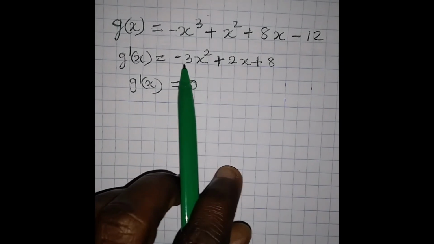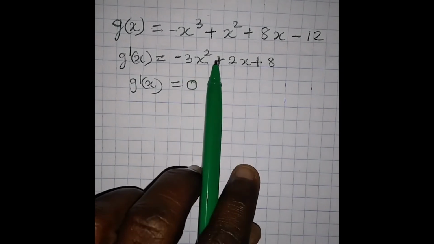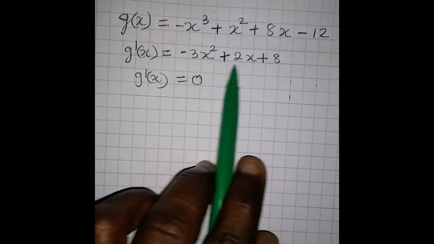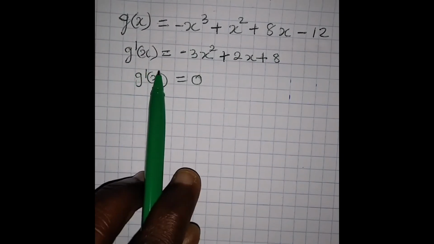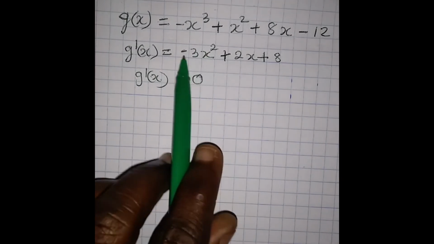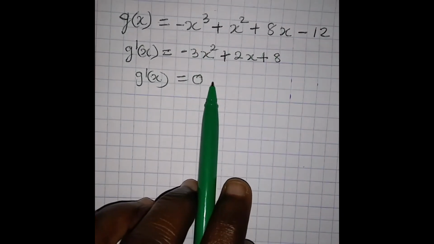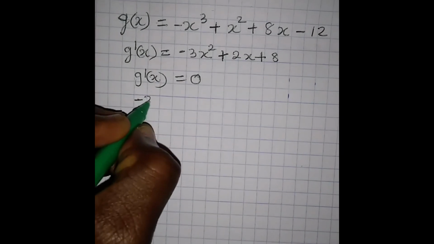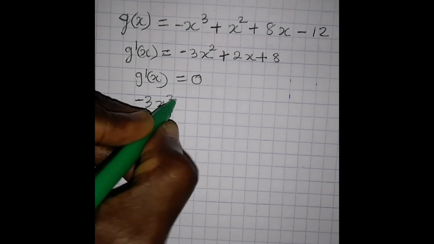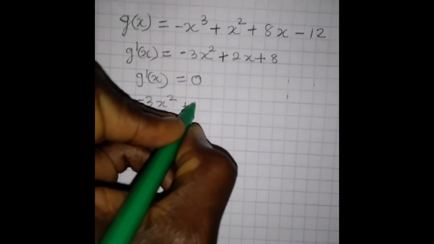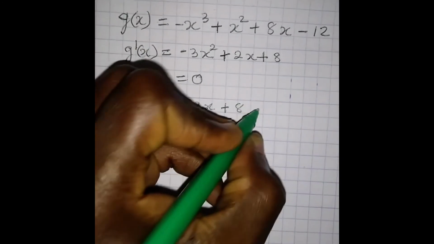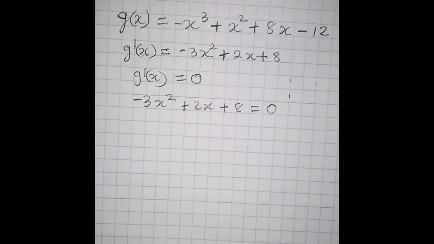It is equal to negative 3x squared plus 2x plus 8. So if the whole of this is the same as g prime of x, then we can now say the whole of this is also equal to 0. So we now have negative 3x squared plus 2x plus 8 is equal to 0.